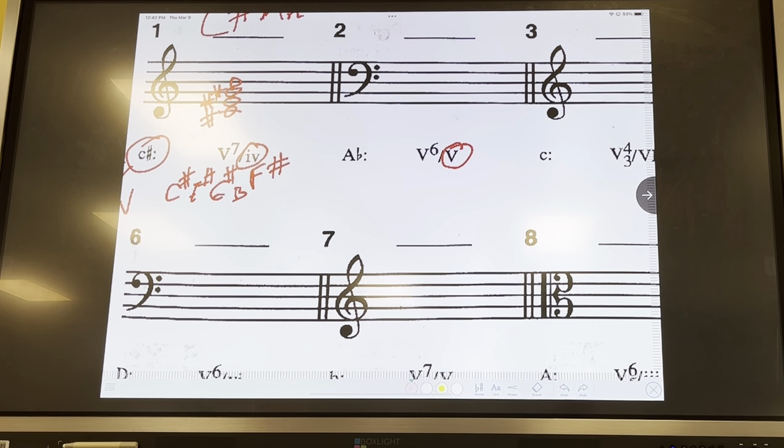The new altered chord is going to be either a major triad or a major-minor seventh chord, because it's a dominant chord.